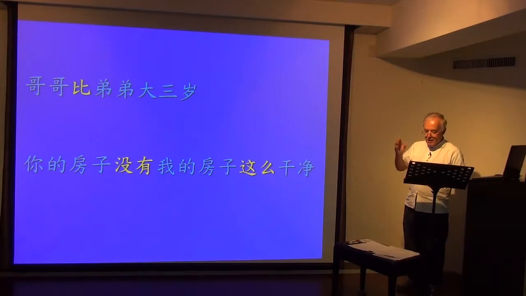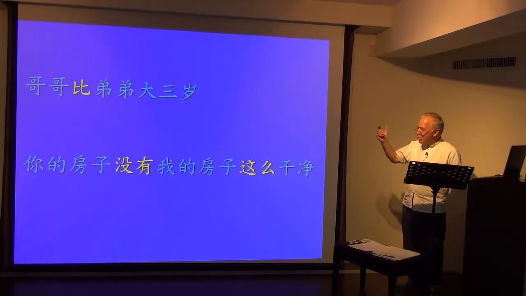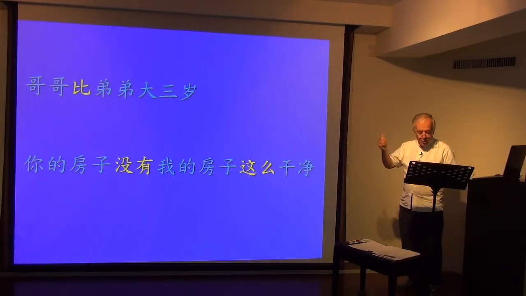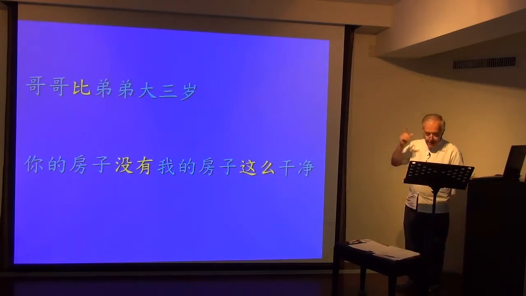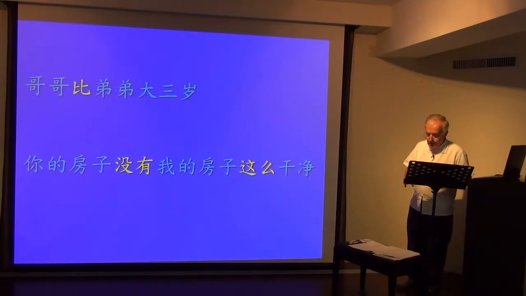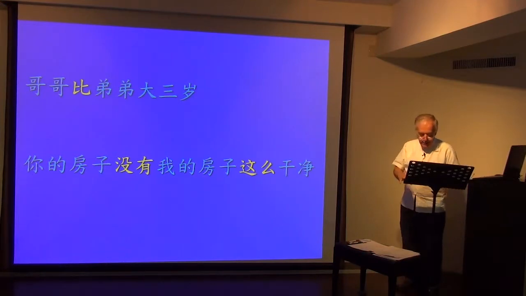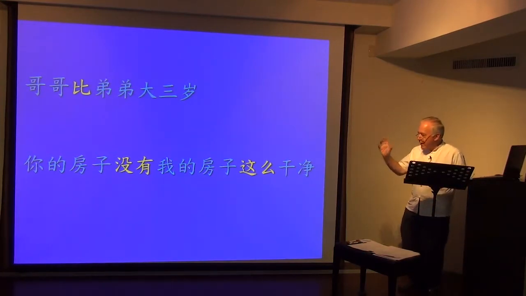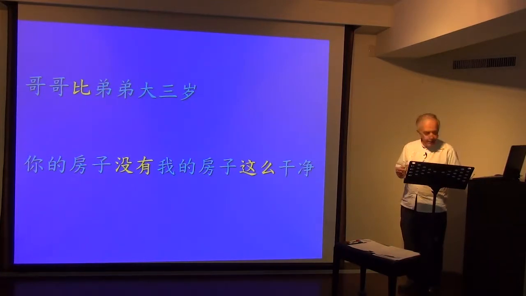In English, we say, this watch is more expensive than that watch, where Chinese says, this watch compared with that watch is more expensive. Okay? So, 哥哥比弟弟大3岁. Using 没有 the other way around, 你的房子没有我的房子这么干净.